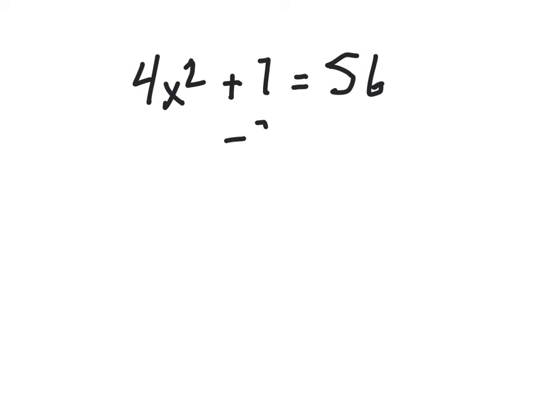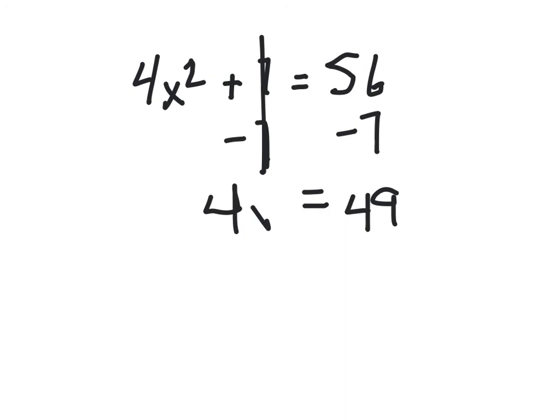We're going to subtract 7 from both sides of the equation. That will be eliminated on the left side. 56 minus 7 on the right side will leave us with 49. That leaves us with 4x squared on the left side.